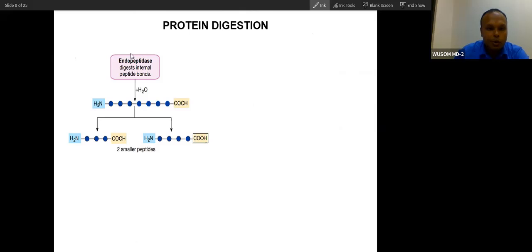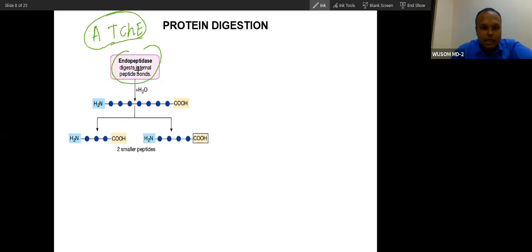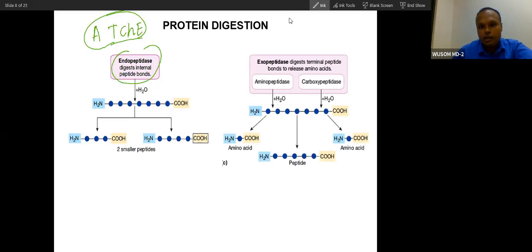Now you can see here protein digestion. As I've told you, endopeptidase will act inside. What is endopeptidase? T, C, H, E, these are, except the last C. And if you remember one A, it becomes TACHE, so you can call it attack. So attack is endopeptidases. And what is exopeptidase?